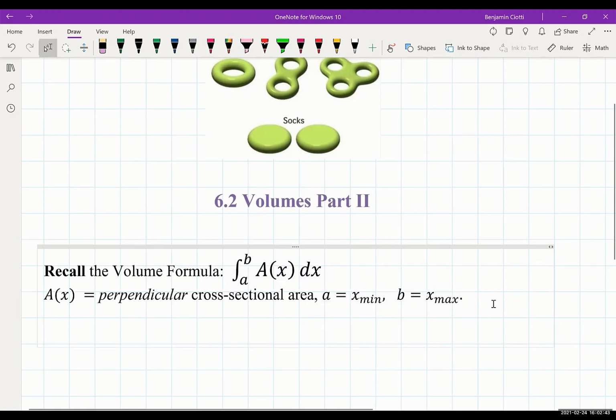And there's a similar formula if, let's say, you find the cross-sectional area perpendicular to the y-axis.